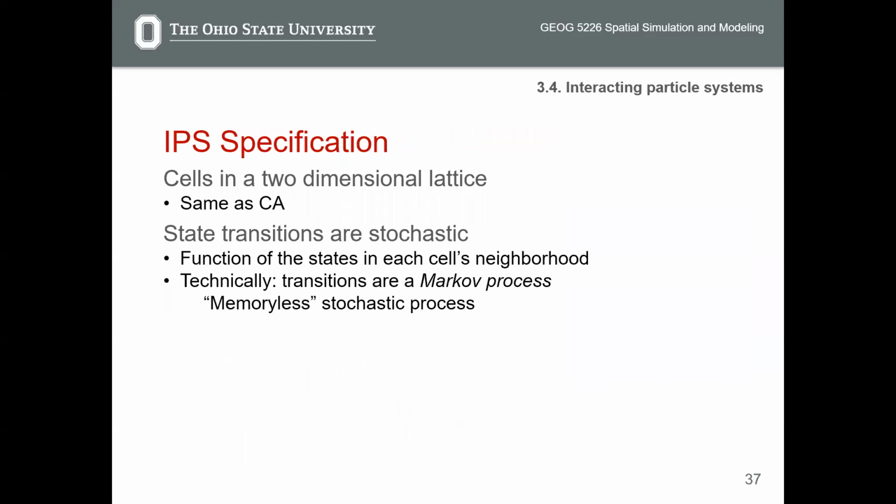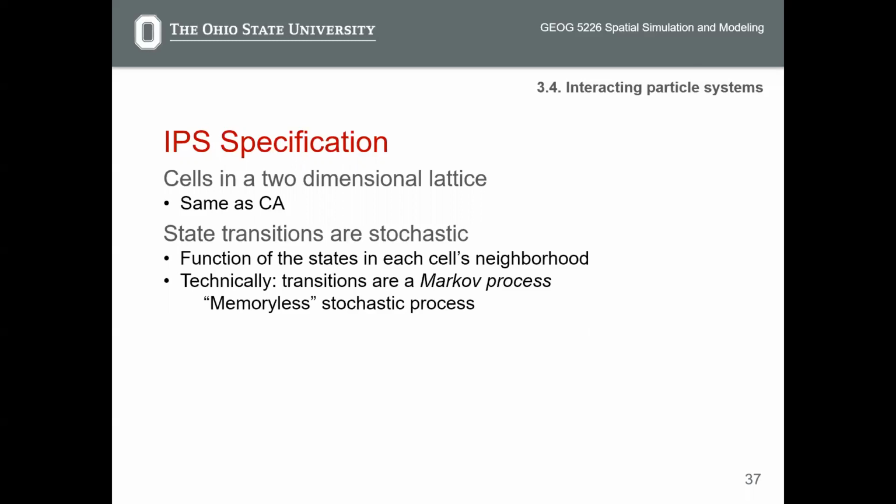And some specification of IPS. Cells in a two-dimensional lattice, the same as CA. And the state transitions are stochastic. I will show you examples later, but now you should know that in summary, state transitions are random instead of deterministic.